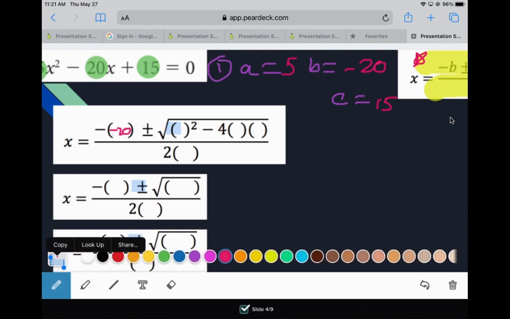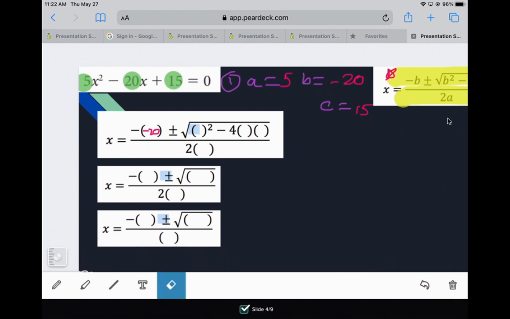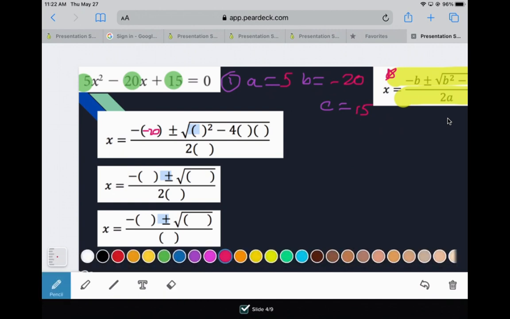Good. Now be careful with the negative, okay? Because sometimes if the number is negative, you want to enter a negative because later on that negative will cancel out. So don't lose the negative. Even though you think, wait, but there's a negative. It's okay. If the B value is negative, I will put inside that parenthesis a negative.